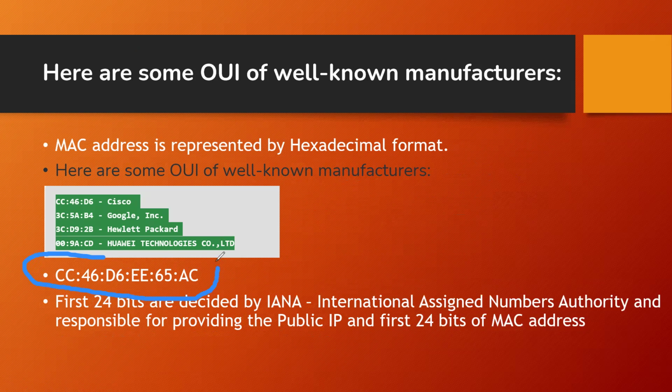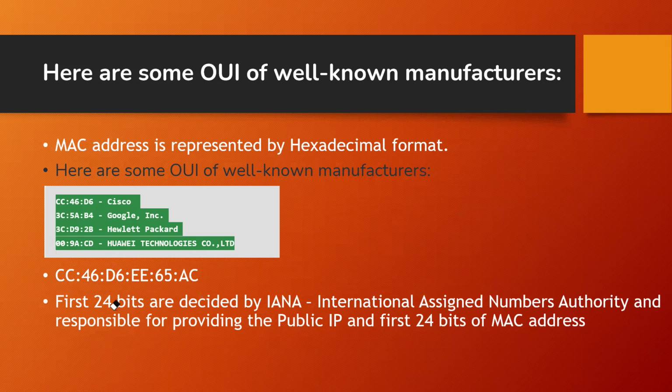It is a hexadecimal number. The first three parts, from here to here, make 24 bits of this address, and they are given by the company. That is the OUI.